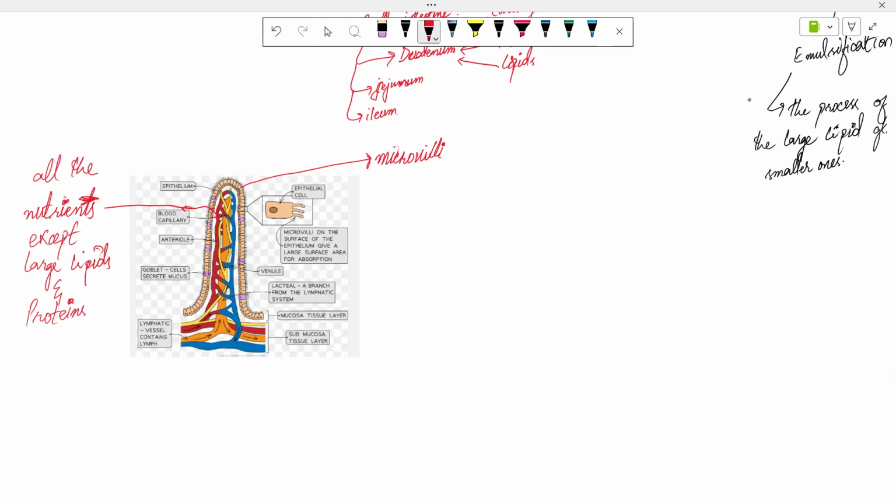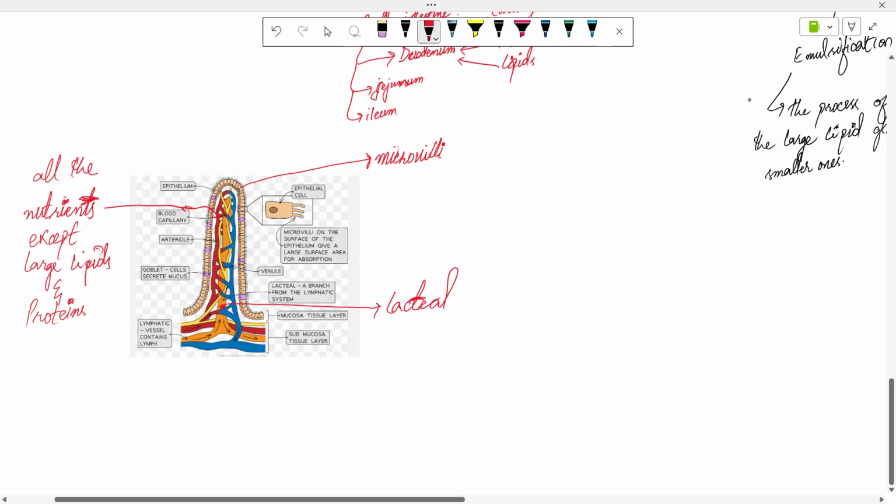All the nutrients will be absorbed into the bloodstream via the capillaries which are present here, which can be seen in red and blue. But few nutrients cannot pass through the capillaries and be in blood. Then they will be absorbed in the lacteal, which is present further inside the capillaries, that is in yellow color.